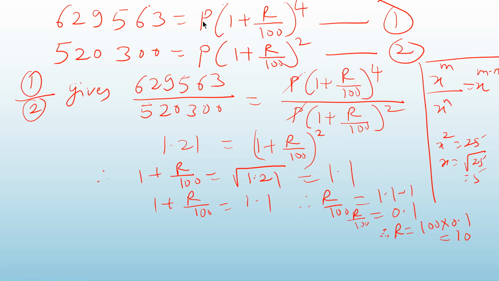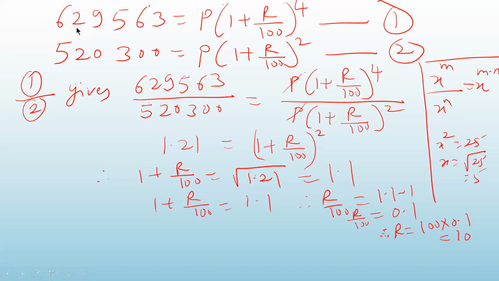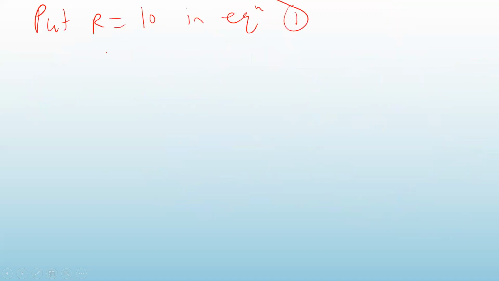Now you have to find out the value of P. So you can put the value of R in any one of the equations. So let us put the value of R in equation number 1. So put R equal to 10 in equation 1. What is your equation 1? 6,29,563 equal to P into 1 plus R upon 100 raised to power 4.